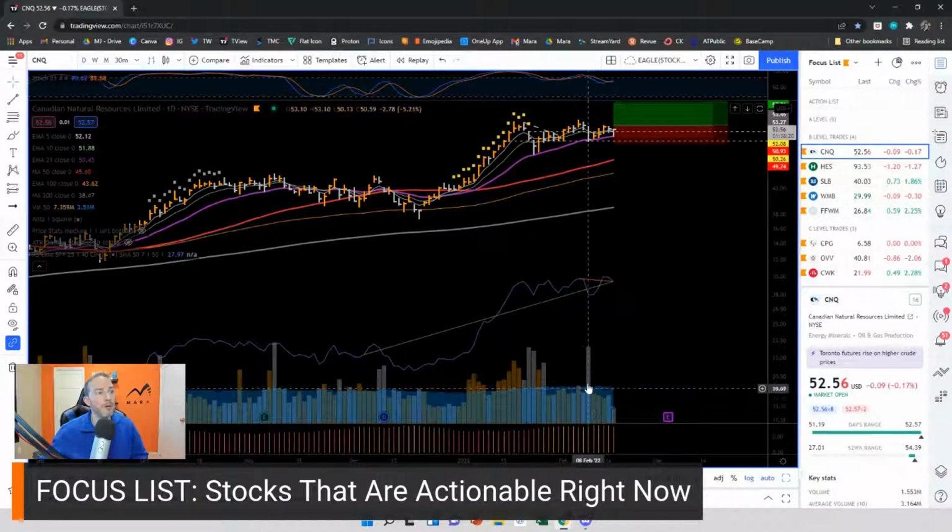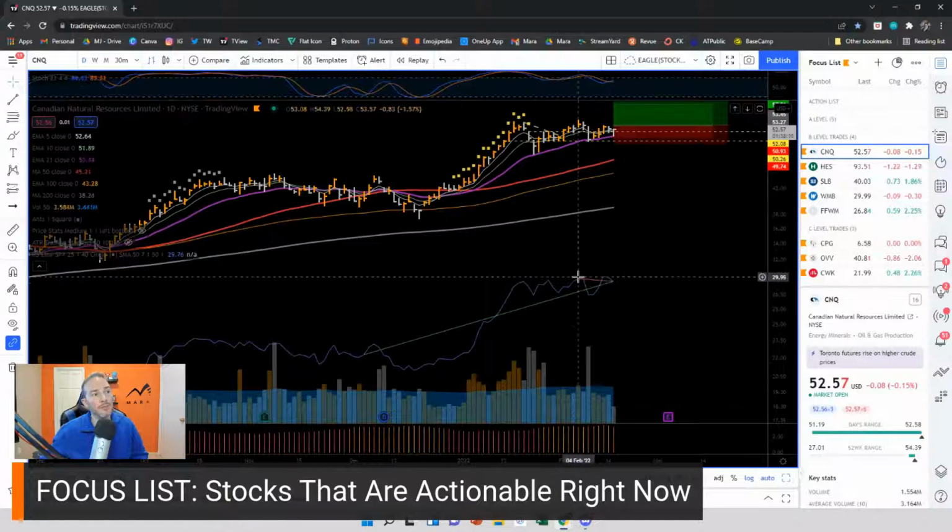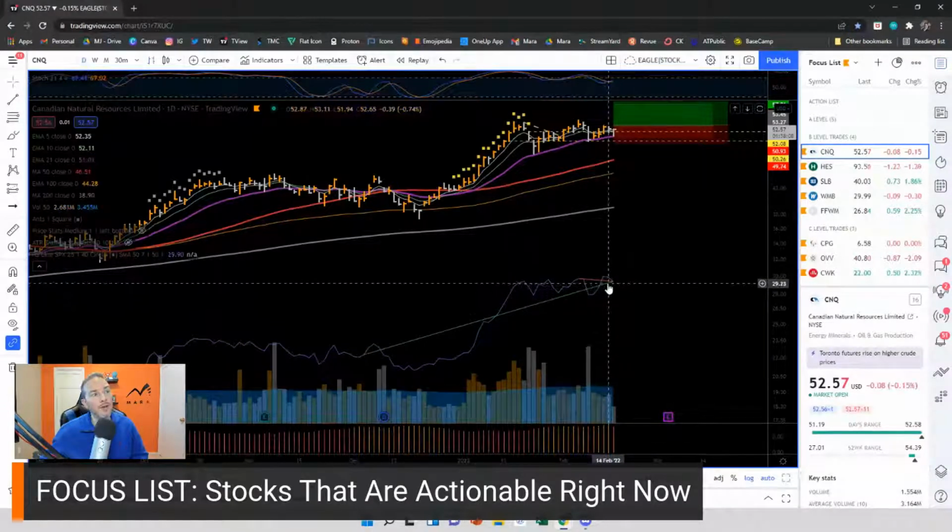This bar here bothers me. That sell off to the 21, on heavy duty volume, bothers me a little bit, and so does this here. If you notice, the relative strength line is down over the past 7 8 days. It's one of those things that potentially throws this idea into the B category, like B level trade category.